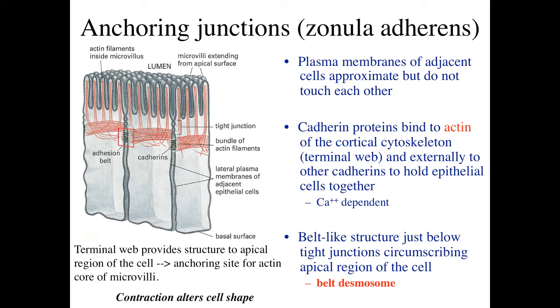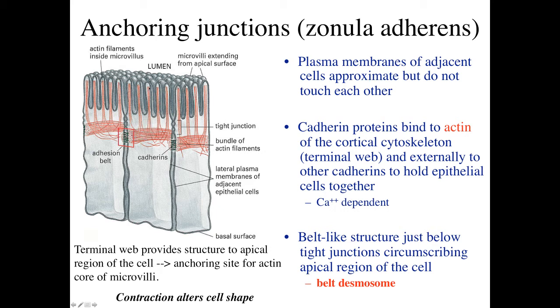Just as an aside, it's not something that's critical for our understanding right now, but it does have some important physiologic significance. Microvilli are not motile like cilia would be, but these microvilli can get shorter or a little bit longer as contraction of the actin cytoskeleton might alter their shape a little bit.